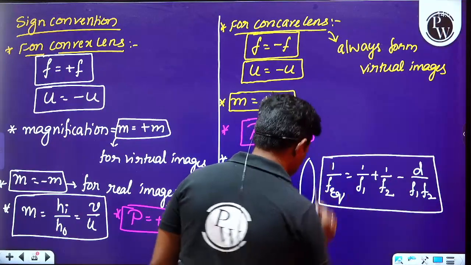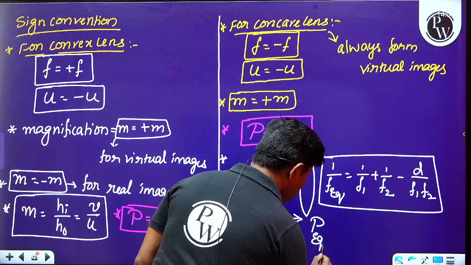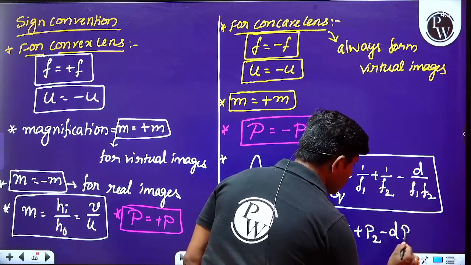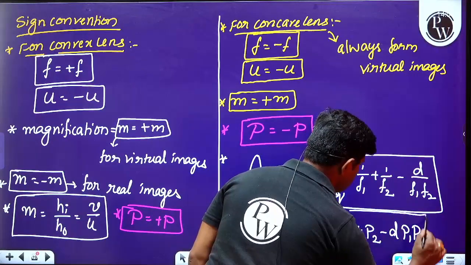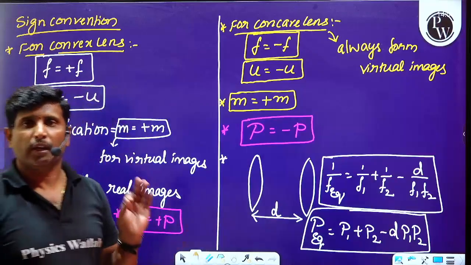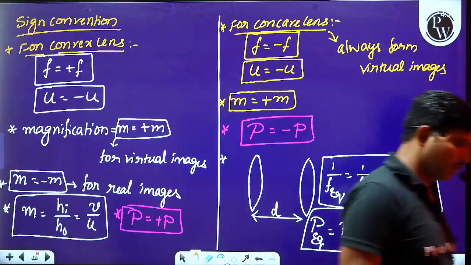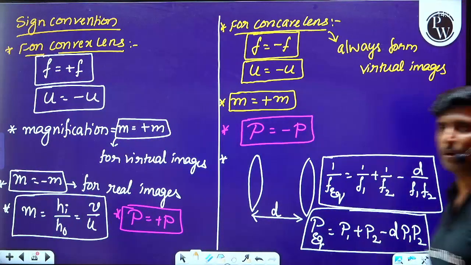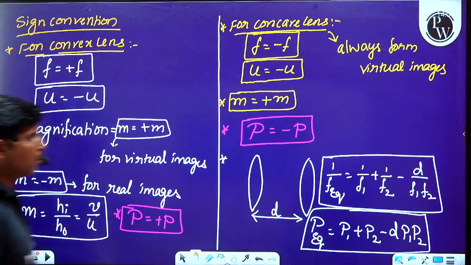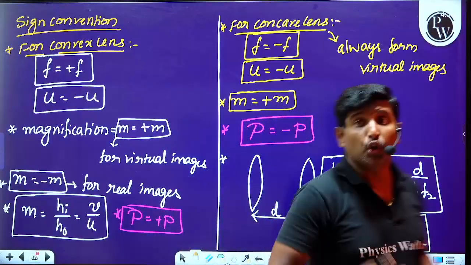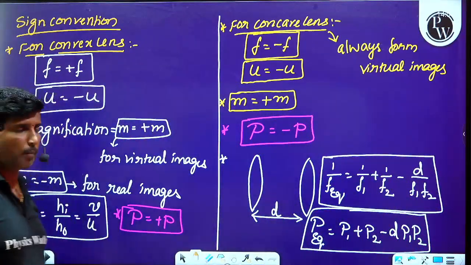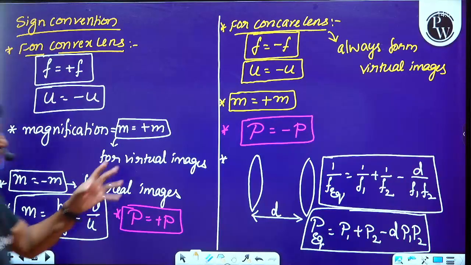Therefore, we can say equivalent power is equal to P1 plus P2 minus D into P1 P2. Like this, we have to write the equivalent focal length and equivalent power. Okay. I hope you are understanding clearly and writing each and every point, and I request everyone to practice as many times as possible before going to solve the numerical problems. Okay. Yes, that is about the combination of the lens.